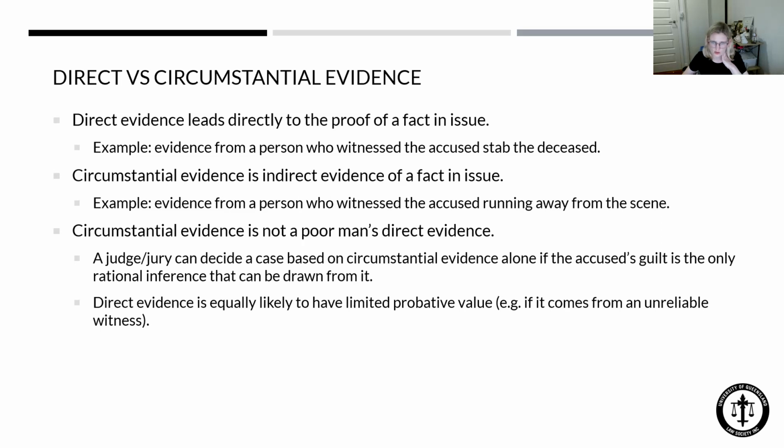As I said, circumstantial evidence is not a poor man's direct evidence. I would much prefer DNA evidence over the evidence of a blind and deaf 92-year-old who saw somebody that they think potentially might have been the accused, possibly from 100 metres away in the dead of night, committing an offence.